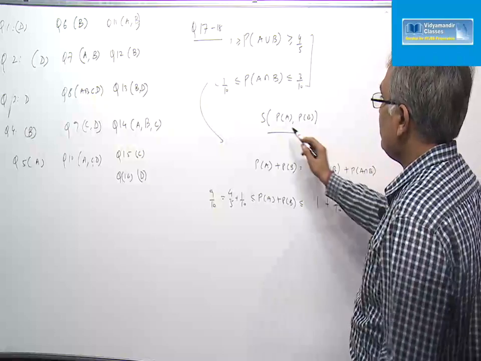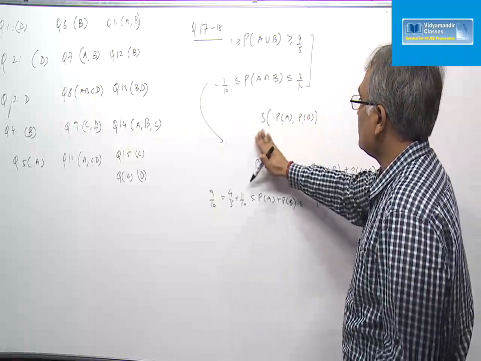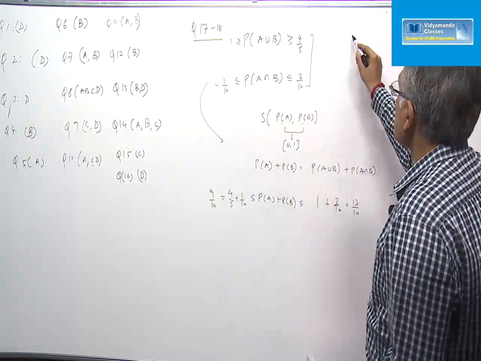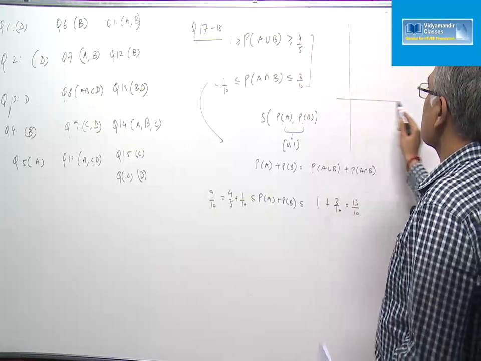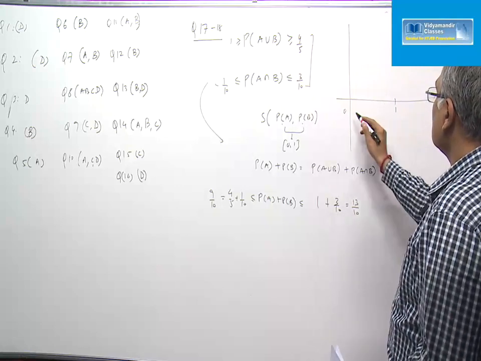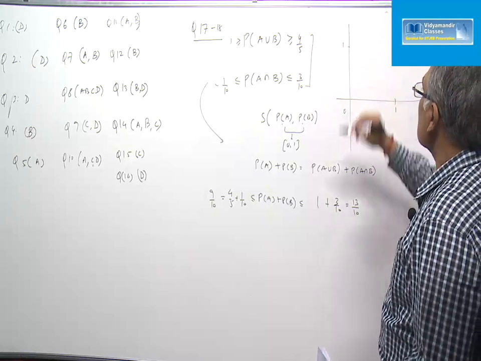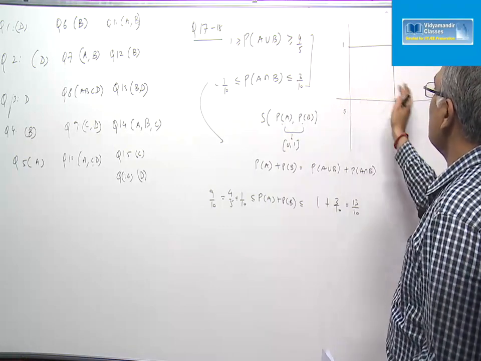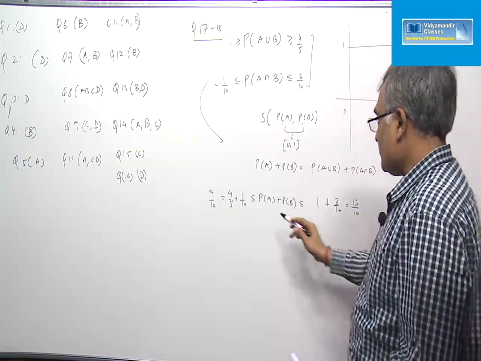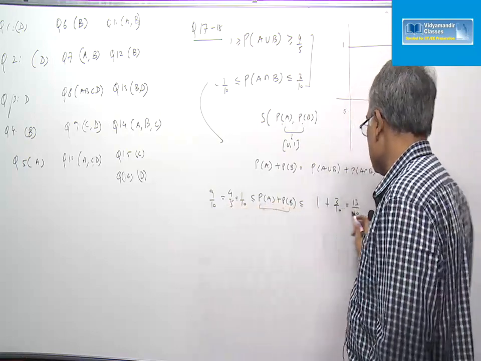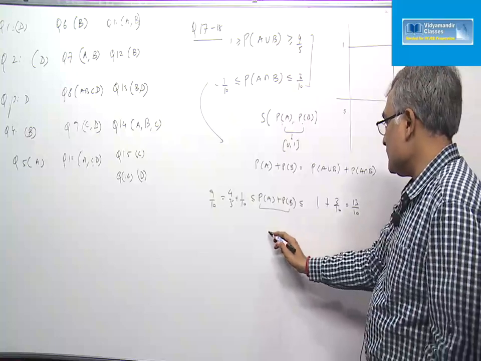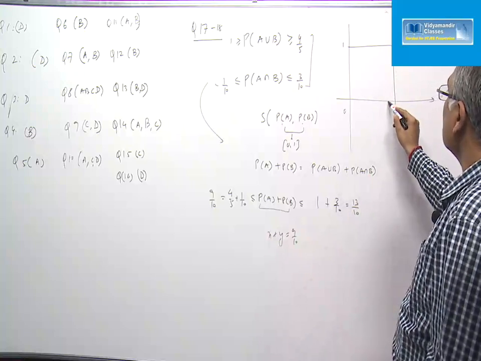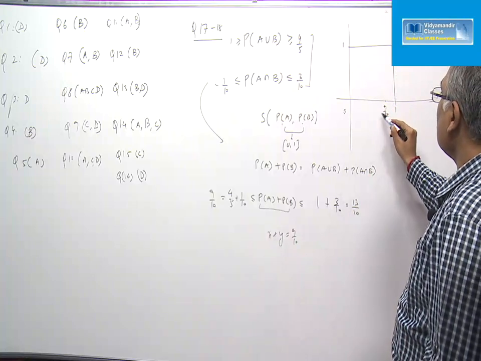let's do it geometrically. PA and PB both are probabilities and the complete exhaustive set is 0 to 1 individually. Now let's take PA along the x-axis and PB along the y-axis, 0 to 1. That is, this is the sample space. PA and PB lie in 0 to 1 individually, and PA plus PB lies in 9 by 10 to 13 by 10. Hence, if it is PA plus PB, that is x plus y. If it is 9 by 10, it is 0.9, somewhere here.